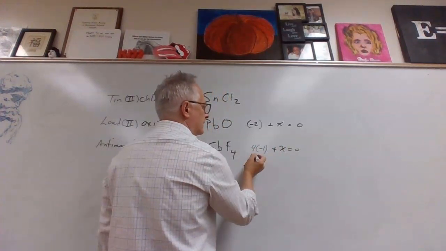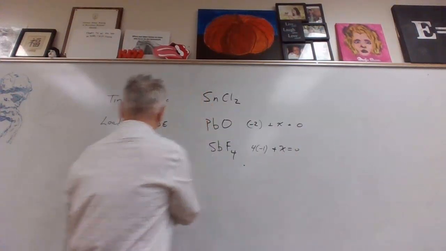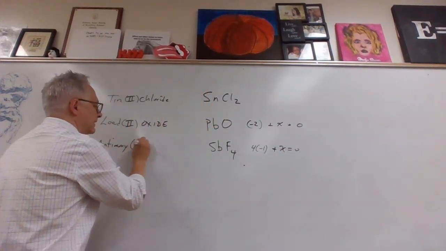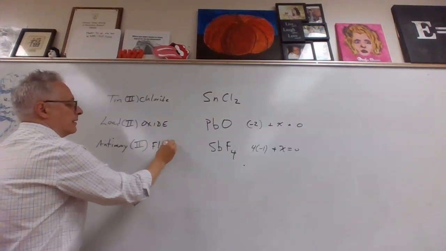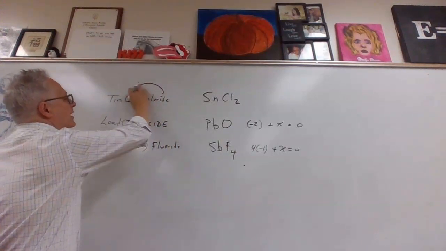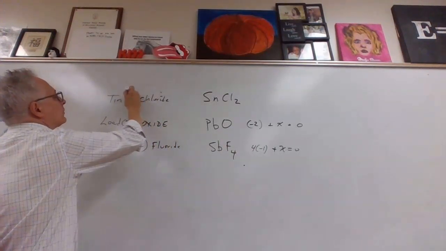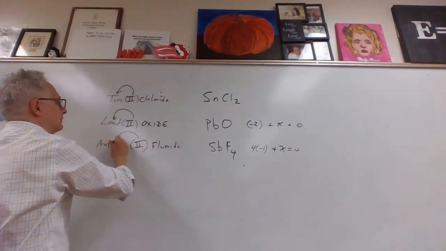You can go ahead and solve for that, and you get a 4 here. Antimony 4 fluoride. And remember, this Roman numeral goes back and means the charge on the metal.